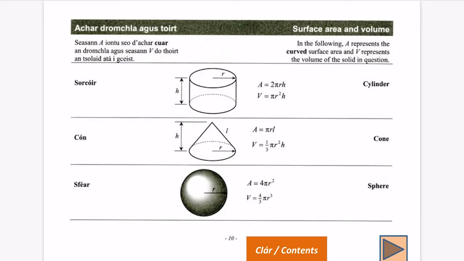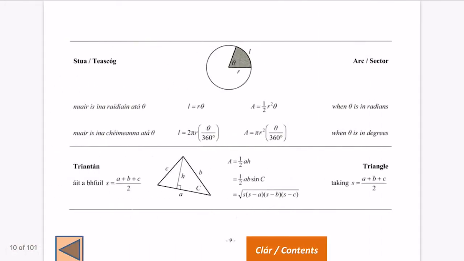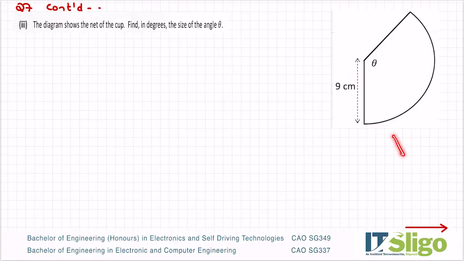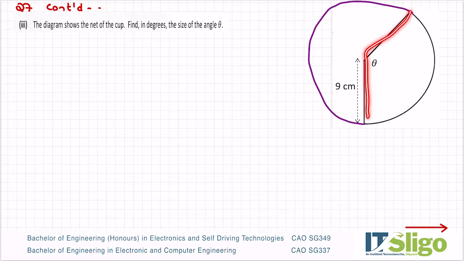Okay, so back to my log tables again. I know if I go back a page, I have an arc or a sector. When I look at this, I know that I could very much continue that circle. But anyway, I could continue that and I will get a circle out of it. So this is actually the arc of a circle, and that's a sector.